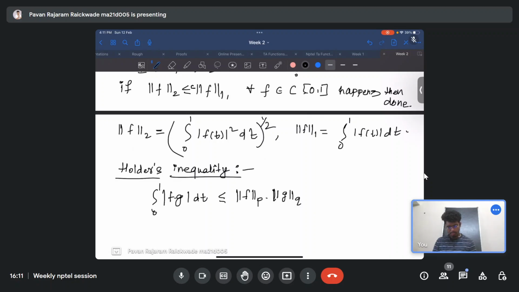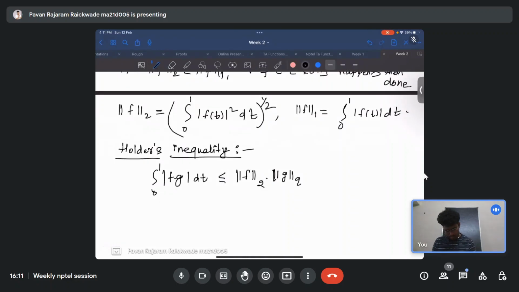Where p and q have the property that they are conjugate exponents of each other, which means 1 by p plus 1 by q has to be 1.